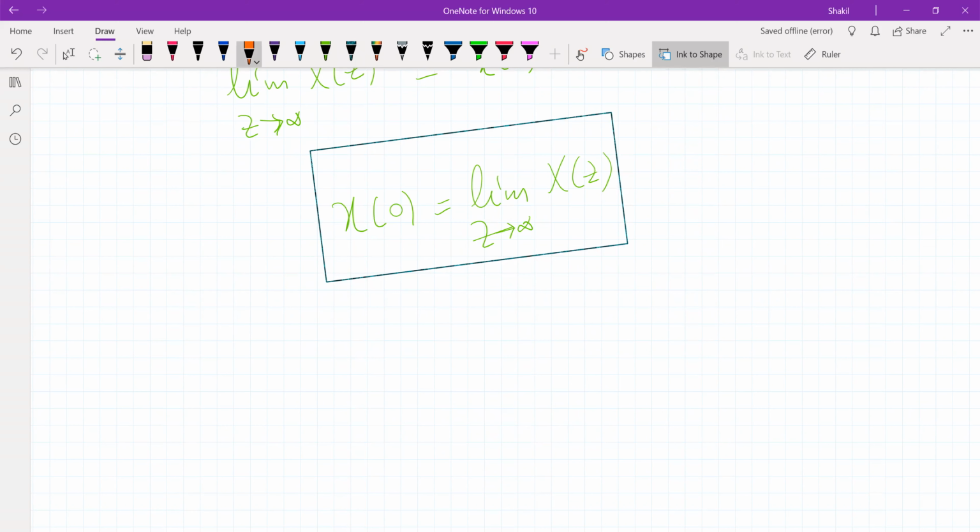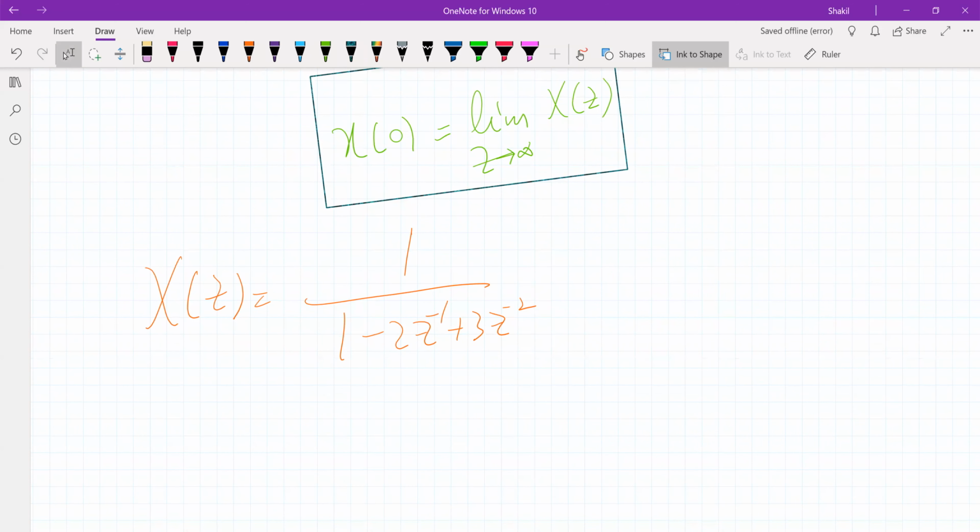This is the initial value theorem, and you can get the initial value of a signal from the Z transform. For example, if the Z transform of the signal is 1 plus 2 z inverse plus 3 z inverse, what is the initial value of the signal? The initial value is the limit as z tends to infinity of X of z.